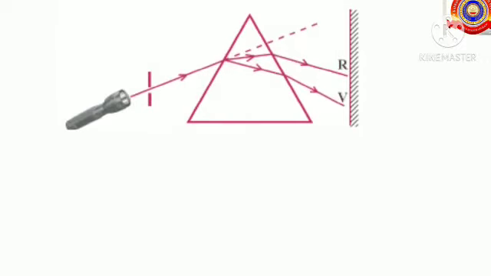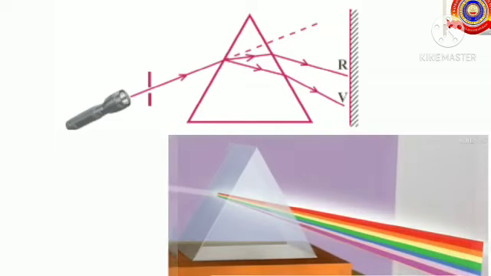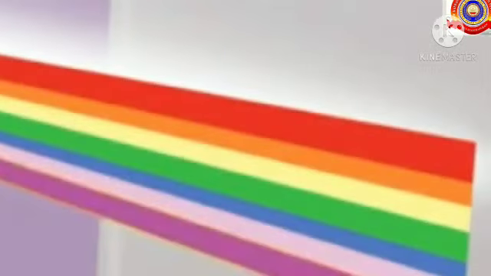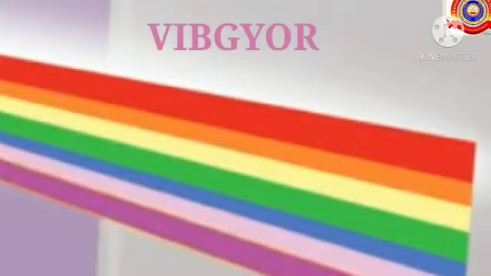Is it the sunlight alone that gets split up into component colors? Let's examine. Here you can see a torch light and it is allowed to fall on a prism. When the beam of light from the torch falls obliquely on the prism, it forms the 7 colors, that is PIBGIOR.